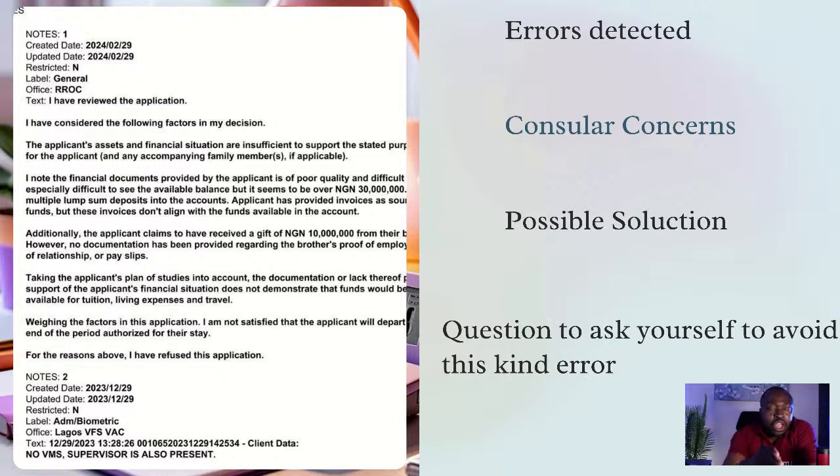Now, if you've ever used any of these application sites to apply, you discover that you are only given 4 megabytes if you are using a GC key to upload all your supporting documents with regards to that particular field. That is, letter of acceptance, it must not be more than 4 MB using the GC key.